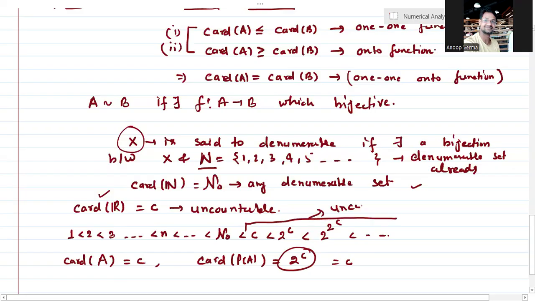Just remember these sets are uncountable, and up to aleph naught the sets are countable.